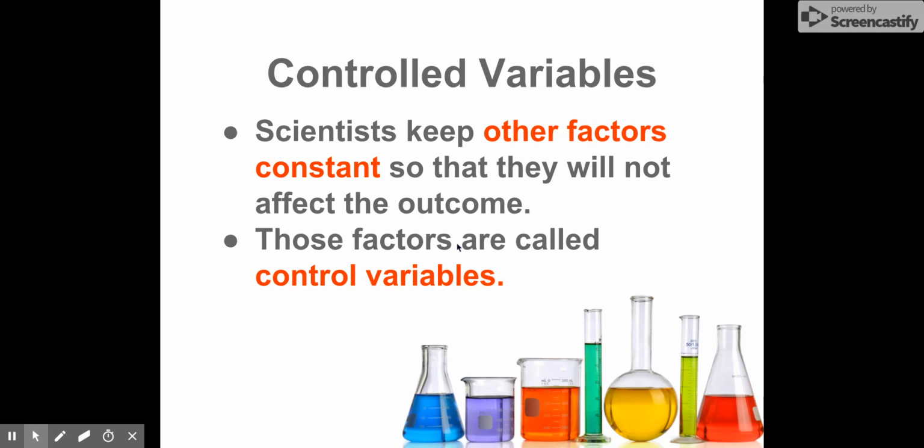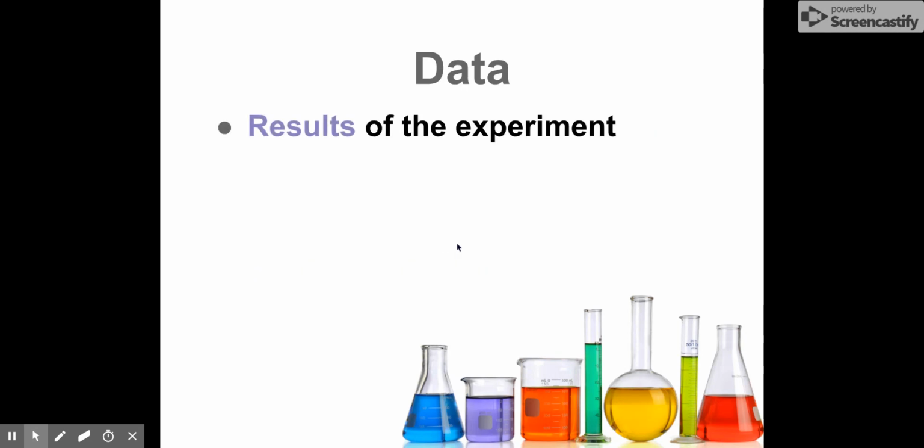So that thing that we do not change throughout the day is considered a constant, a controlled variable. And same thing with the slime activity that we're going to be doing. Say that we want to keep the amount of glue consistent throughout the experiments, so that will be the controlled variable. So yeah, that's pretty much that.